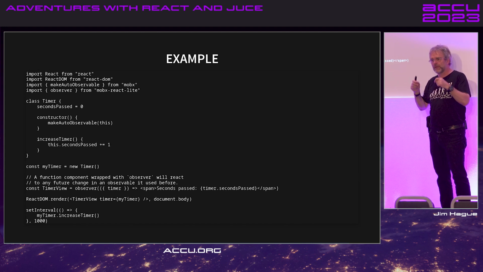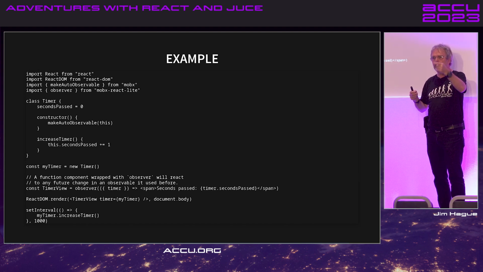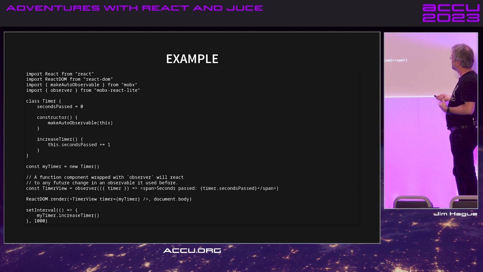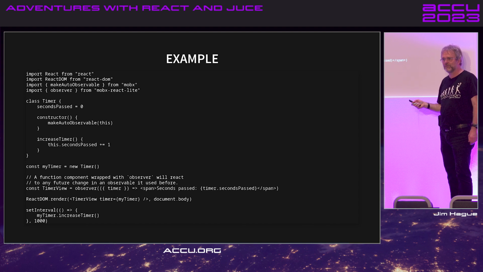So rather than relying on the state updates to the state inside React, the crucial thing here is this piece of magic, which is a MobX thing, which will observe that value, and anytime that value changes, it will tell React, and React will update.